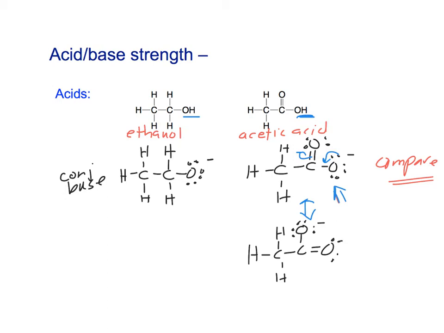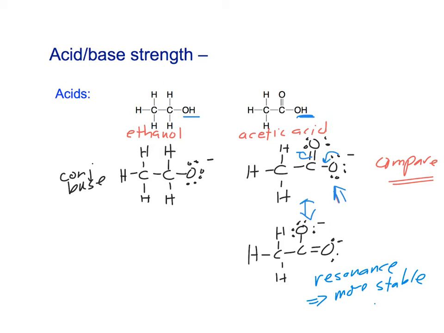This resonance shows us that this minus charge is actually spread between the two oxygens. So we have resonance, and we're spreading the charge out, and this makes the anion more stable.